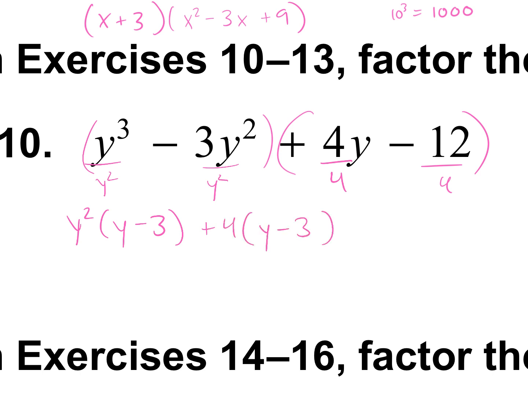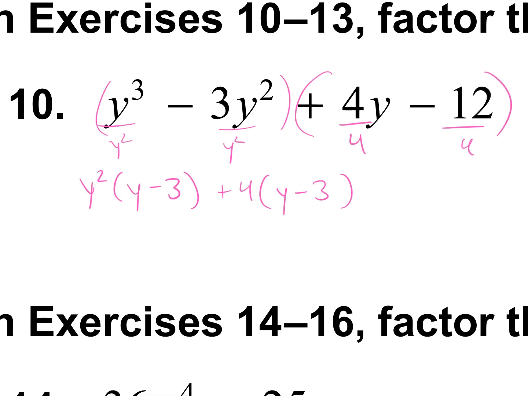Y minus 3. What would I do next? Awesome. The 2 outside parts go together, so y squared plus 4. And then the insides, since they are the same, they become 1. Y minus 3. The order doesn't matter. You could say y minus 3 times y squared plus 4.